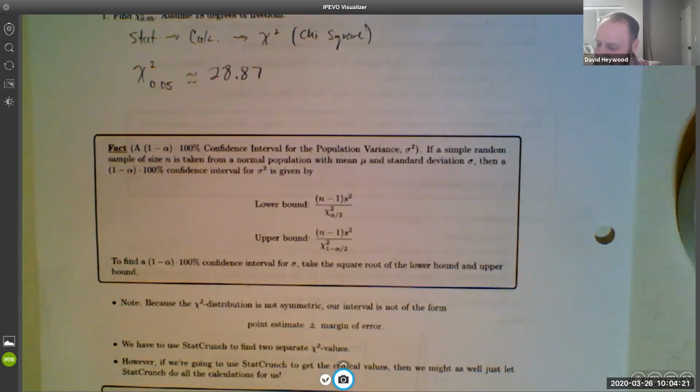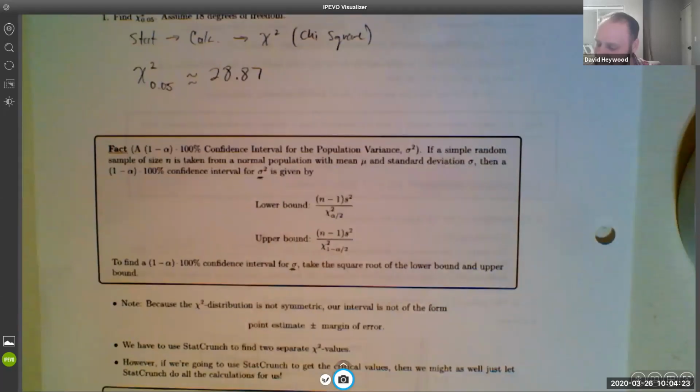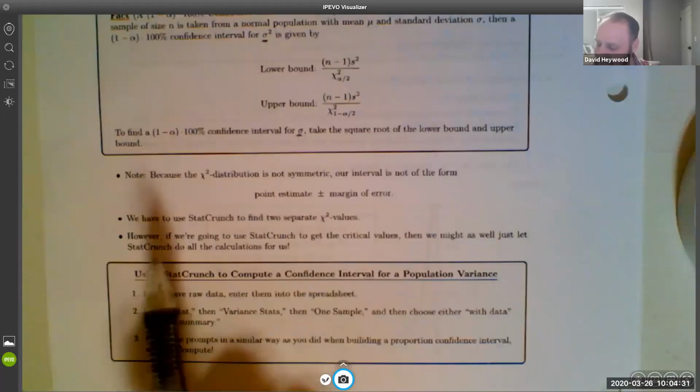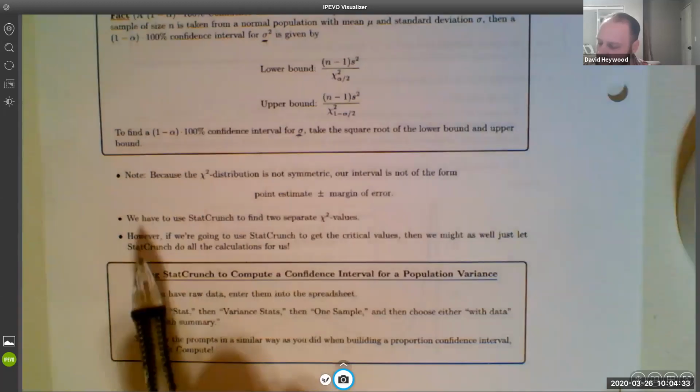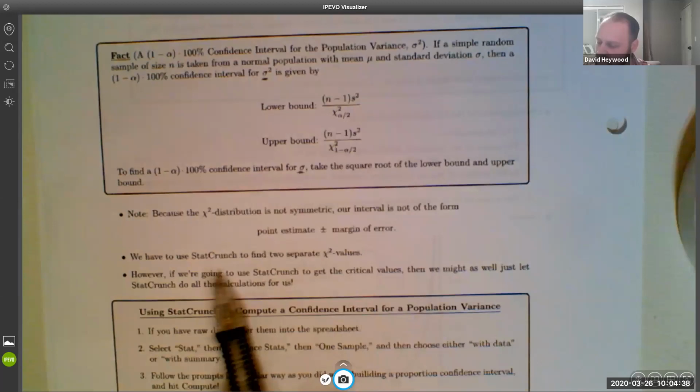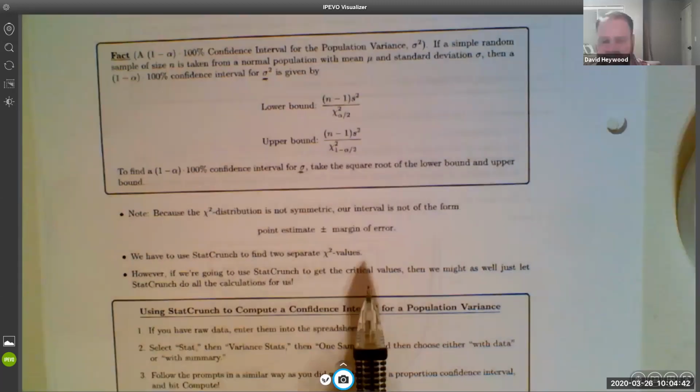I'll show you an example of this in a second. In order to get these chi-square critical values, we have to use StatCrunch. Since we're going to have to use StatCrunch to get the critical values anyway, we might as well just let StatCrunch do all of the calculations for us. So I'm not even going to give you an example where I use these formulas.